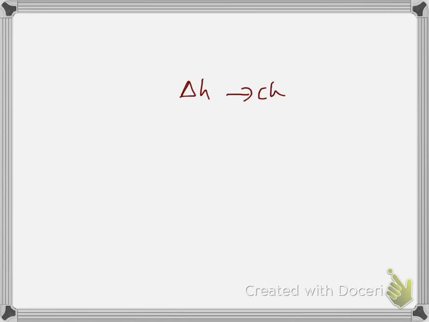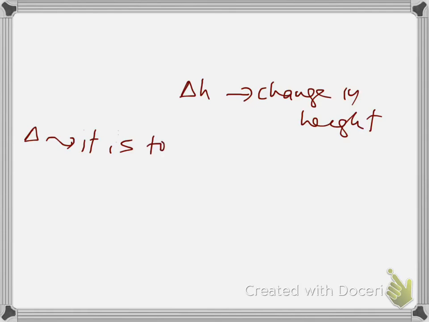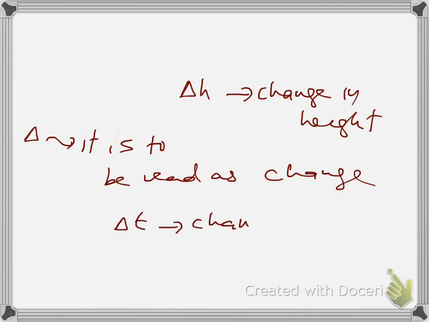Delta h means change in height. Whenever you write delta, it is to be read as change. So I am finding change in height, delta h, and I am finding change in time, delta t is change in time.